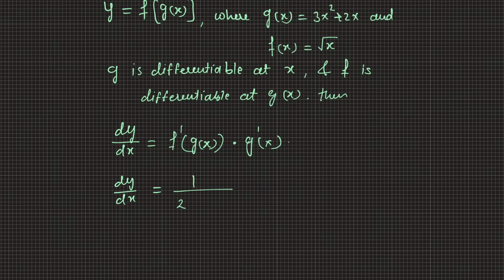Therefore, dy/dx equals 1 over 2 root 3x squared plus 2x times the derivative of the inside function, which is 6x plus 2.